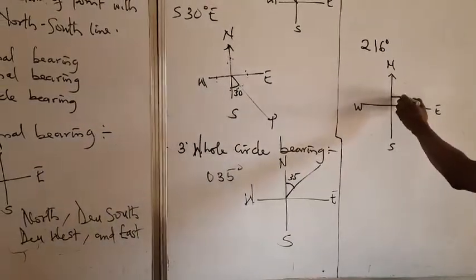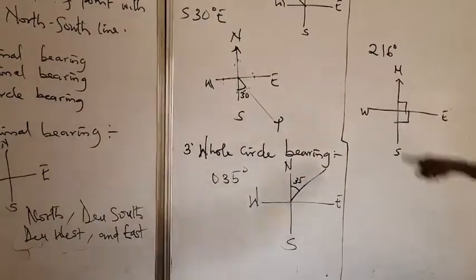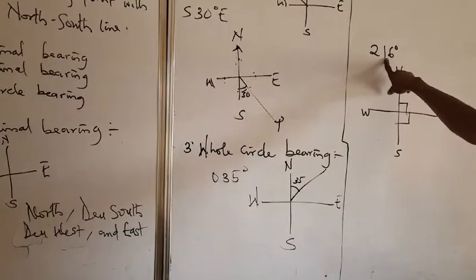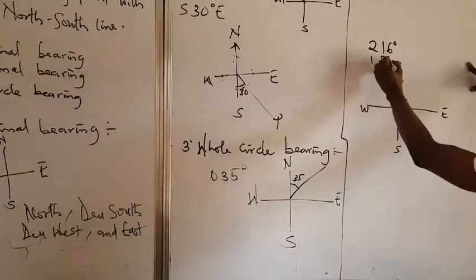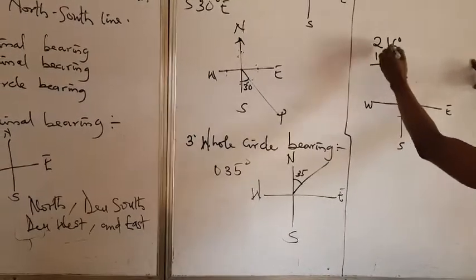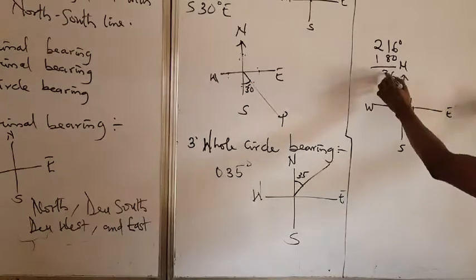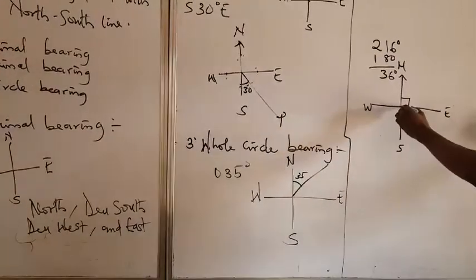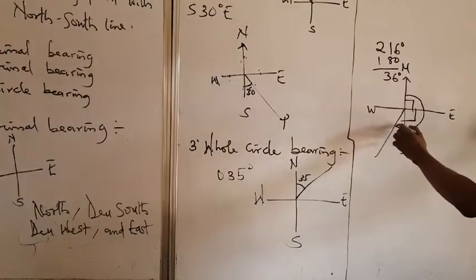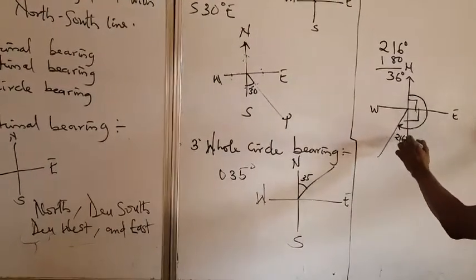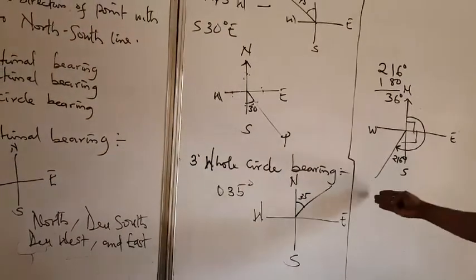We have this place to be 90 degrees, with another 90 making 180, and we are given 216. Therefore, you remove 180 from this 216. We have 36. Therefore, it is 36 additional after this 180. 180 plus 36 will give us the 216. The 216 degrees we are talking about, and that's how to draw for this one.